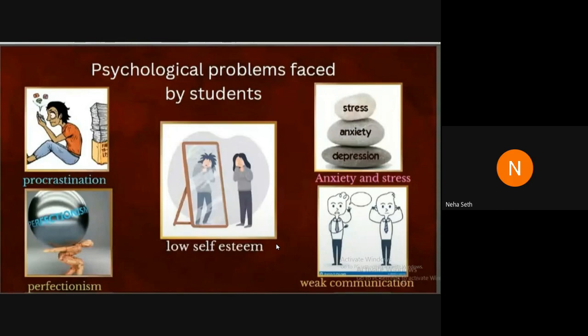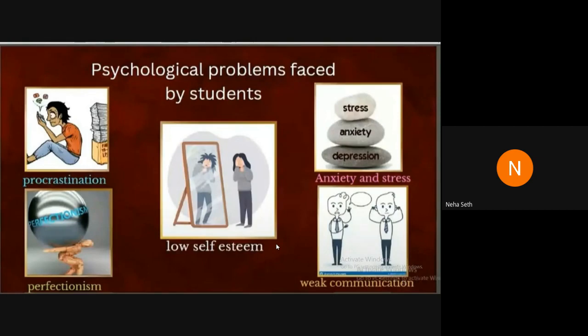Now, sometimes problems are faced when students try to be perfectionists. This is also a kind of psychological thing. We want to do everything in a perfect manner. When we are not able to achieve that perfectionism, it may further lead to some kind of depression, some kind of anxiety.